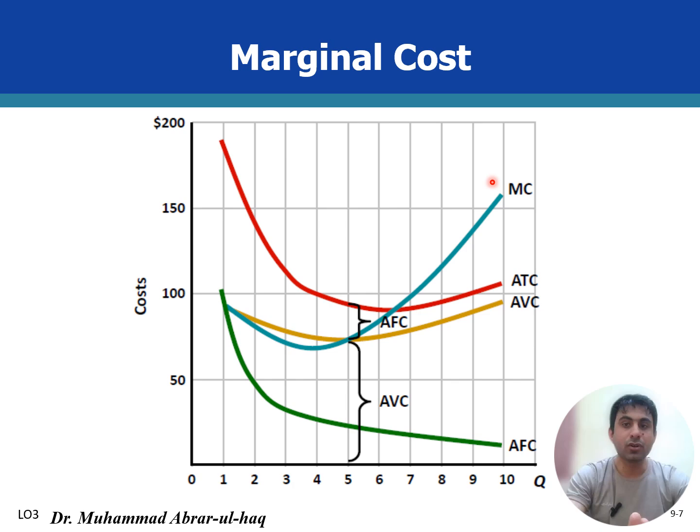When the marginal cost curve is above the average total cost, the average total cost curve starts rising. Similarly, when the marginal cost is below the average variable cost, the average variable cost falls. When the marginal cost is above the average variable cost curve, the average variable cost curve starts rising.